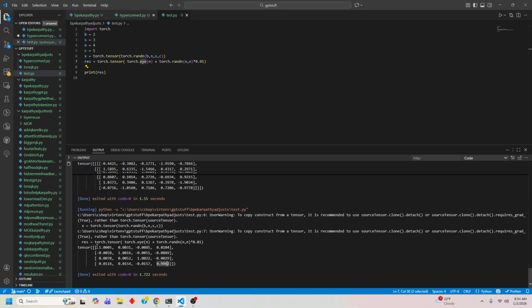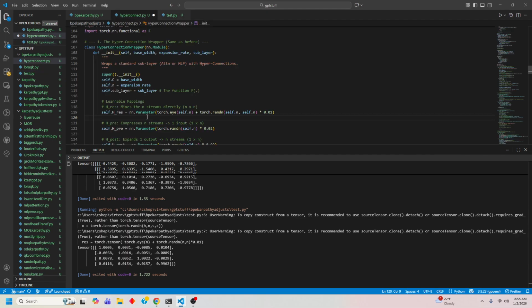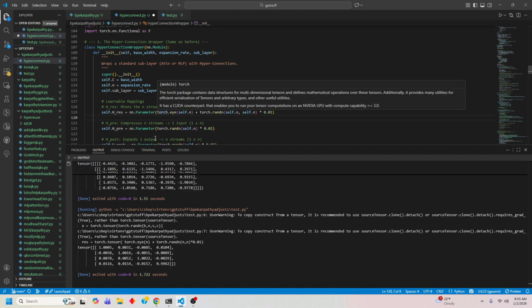Off on this side also 0, but it's 1 for each of these. And then it just adds in some random noise, and this basically keeps the input close to being the same. Starts it off close to the same as itself.